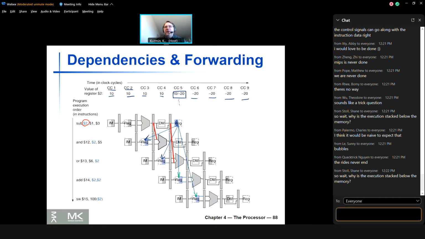And we know that we can solve this with forwarding, right? So the value that will eventually be written to register 2 is computed at this stage here. This is when the value is computed by our ALU. So at this point, we know what that value is. It hasn't been written to register 2 yet, but we know at least what that value is. If we didn't know what the value is, there's nothing we would be able to do.